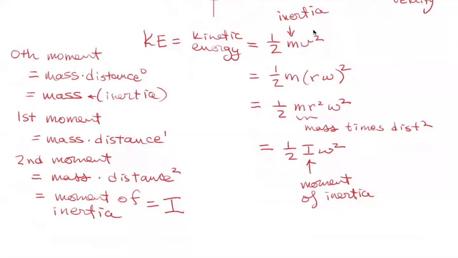Now when you move the object away from the axis of rotation, it takes more energy to rotate it because the distance is getting large. The kinetic energy is 1/2 I omega squared, and I is distance squared times mass. So the amount of energy gets really big when you rotate things around an axis that's away from the center of mass.